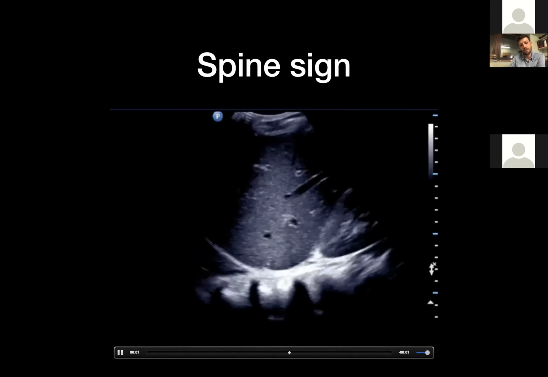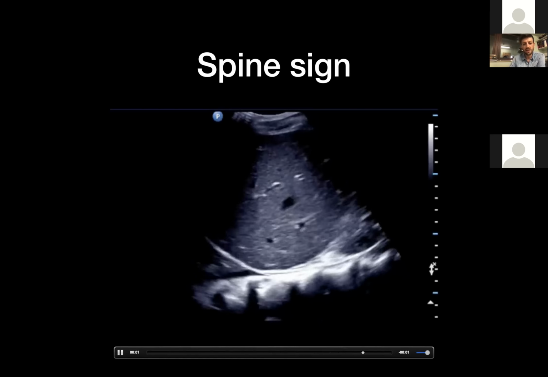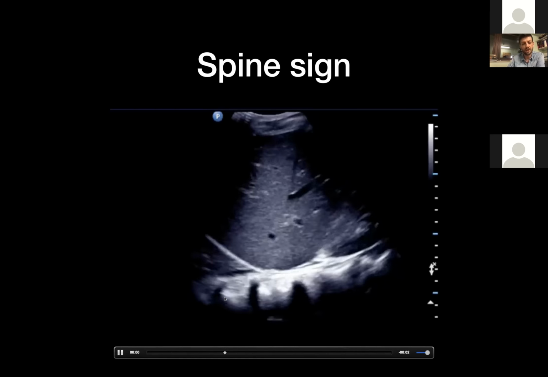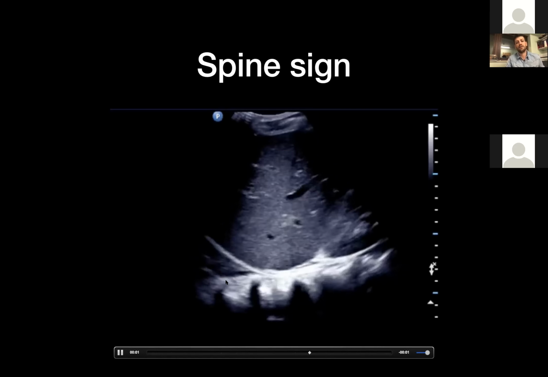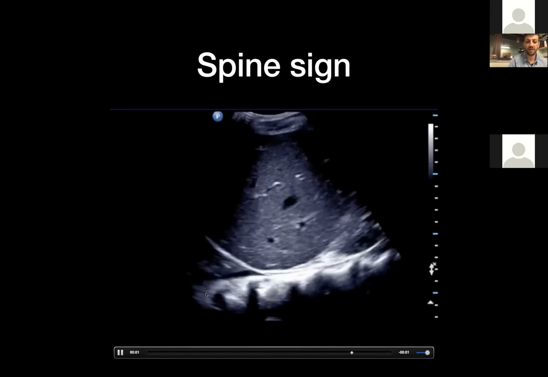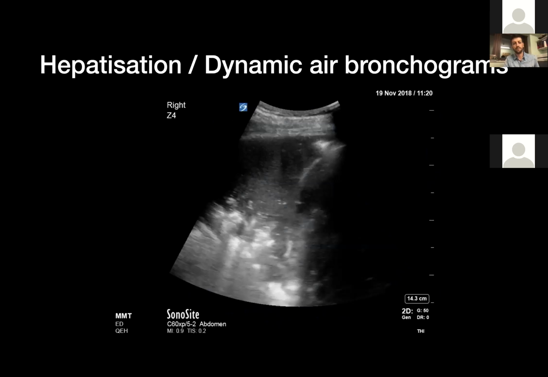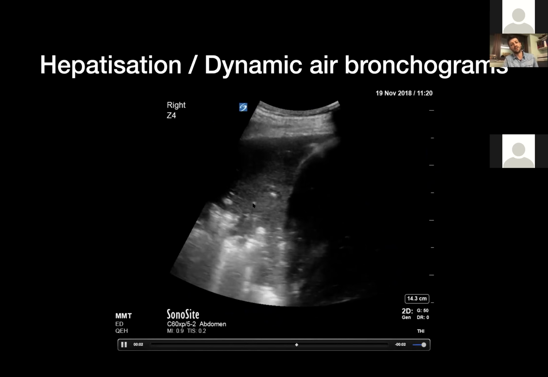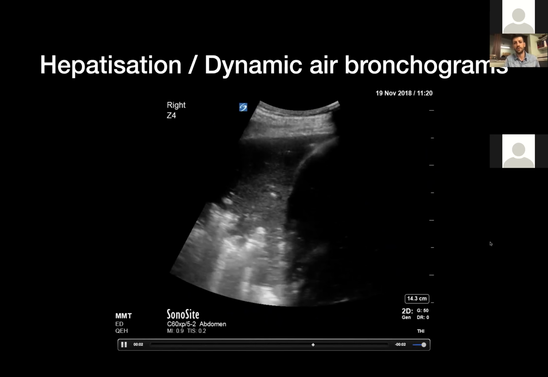So we can already tell, even though we're not seeing too much of this lung base, that there's a pathological process creating an acoustic window, allowing us to see these thoracic vertebral bodies, and that's a basal pneumonia there. Here we see some dynamic air bronchograms, and we see that hepatized lung tissue again.